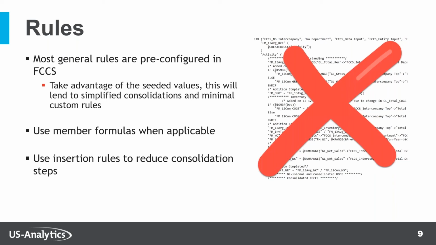And insertion rules are the pre-configured out-of-the-box consolidation rules that are provided by FCCS, that you can go in there and modify and edit so that every time you kick off the standard consolidation rule, it also runs the custom rules that you need. Sometimes that's the most efficient manner.